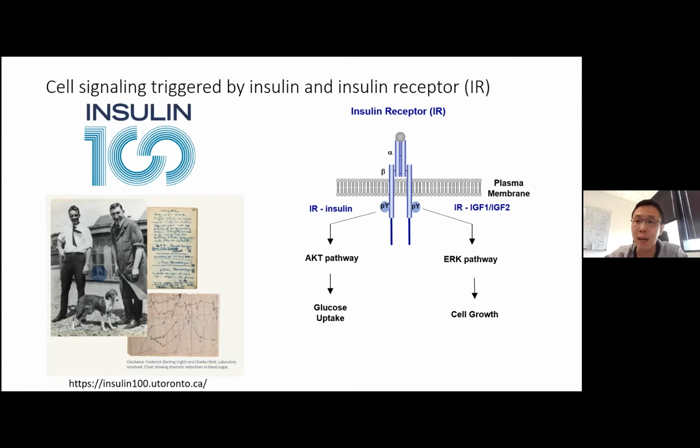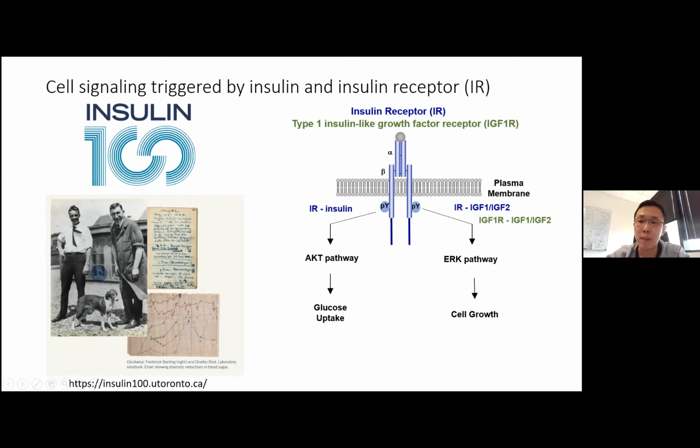But at the same time, the insulin receptor can also be activated by IGF-1 and IGF-2. IGF-1 and IGF-2 are also very small peptides, structurally very similar to insulin. But when the insulin receptor is activated by IGF-1 or IGF-2, the signaling consequence is very different. The IGF-1-activated insulin receptor can activate the ERK pathway and ultimately control cell growth.